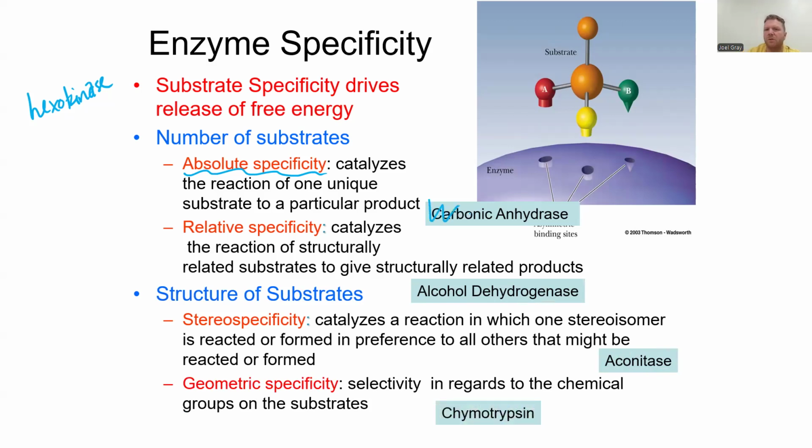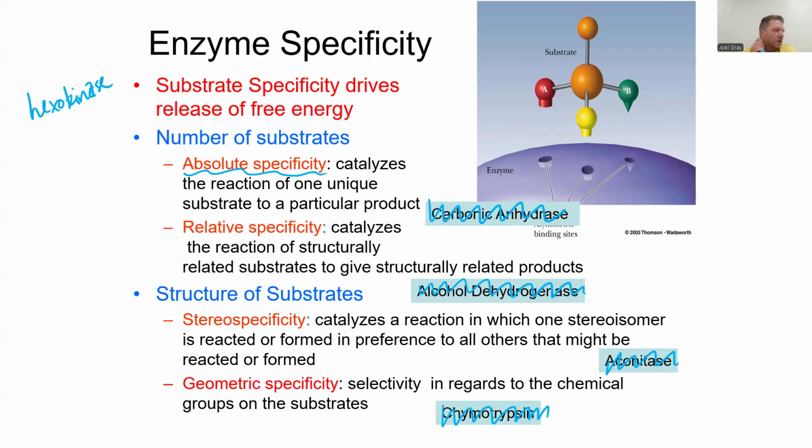The examples, I don't need you to worry about those, but I want you to know the differences between our different types of specificity. So absolute specificity, one unique substrate to one unique product. Relative specificity, the reaction of structurally related substrates to give related products.